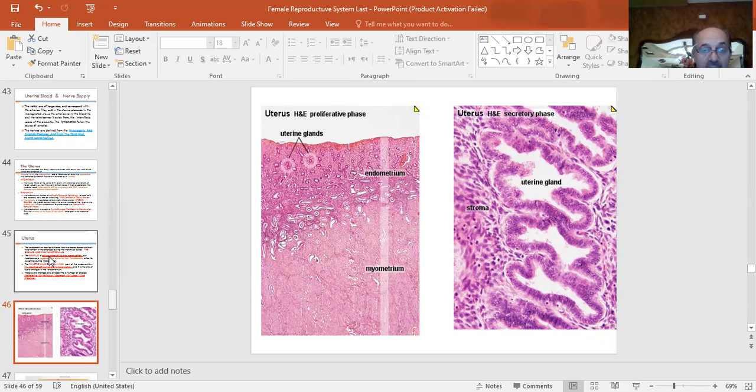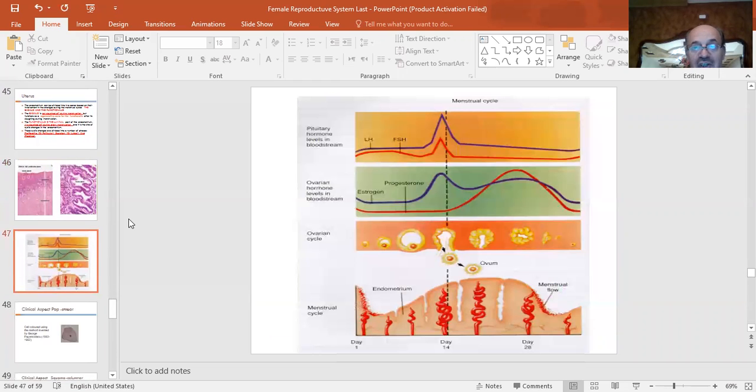layer. And if pregnancy does not take place, this layer, which is called the stratum functionalis, as you can see down here in the third diagram, will slough off due to, of course, decreased levels of the female hormones, that is basically progesterone and estrogen.